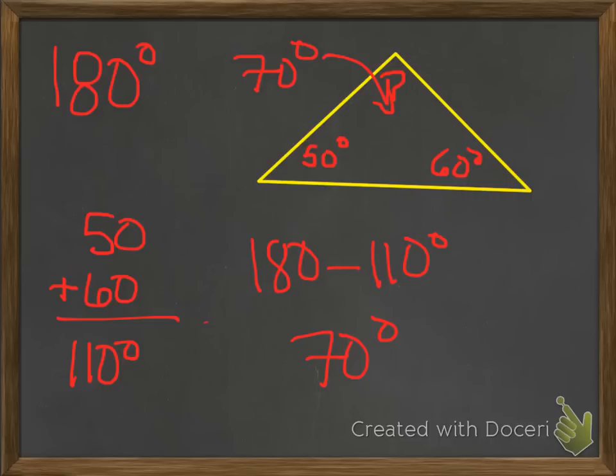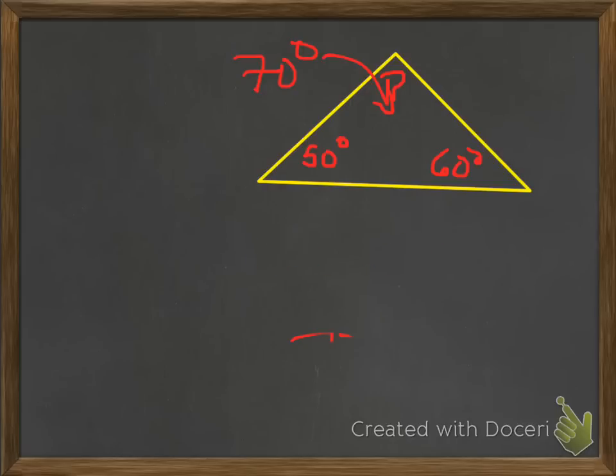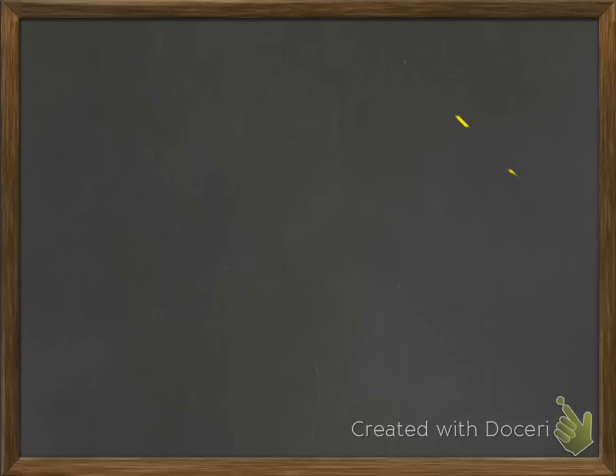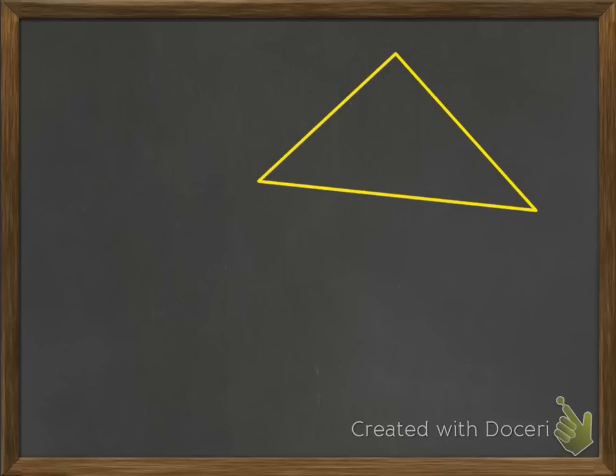So let's go ahead and do that. I'm going to give you an example, and I want you to just go ahead and try it. So you've got a triangle, so go ahead and draw a triangle on your paper. Okay, so draw a triangle on your paper. Here we go, triangle. And I'm going to tell you the angles.